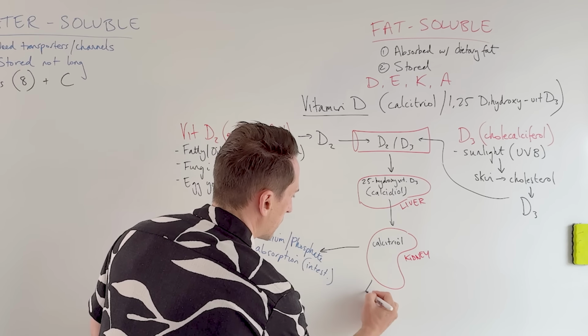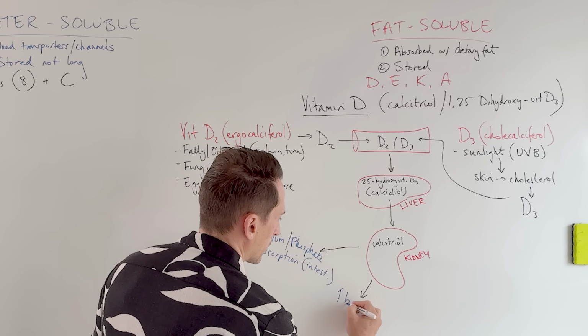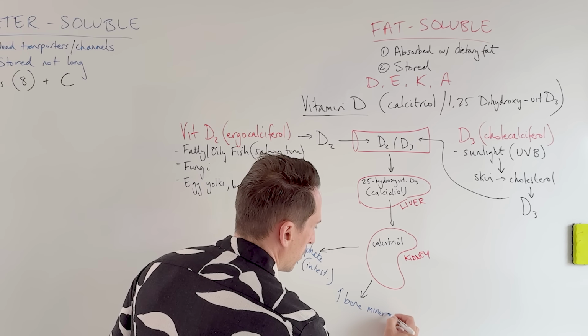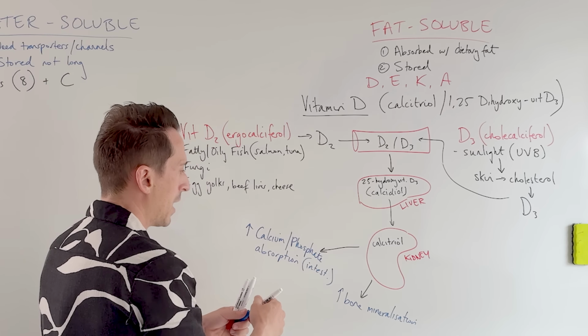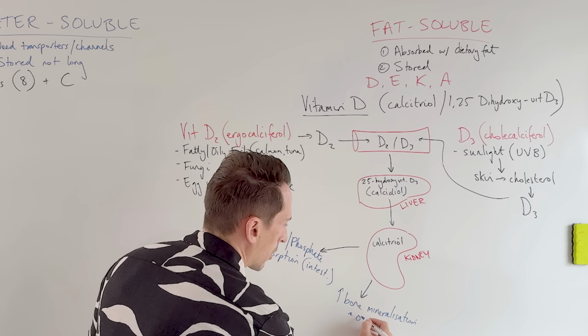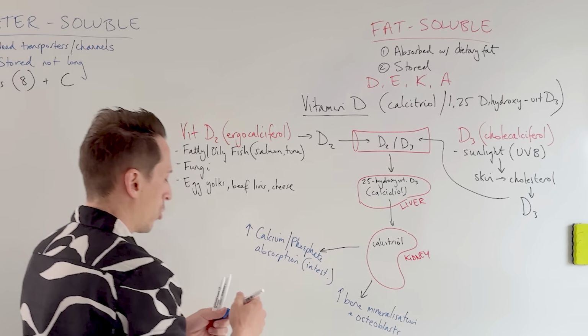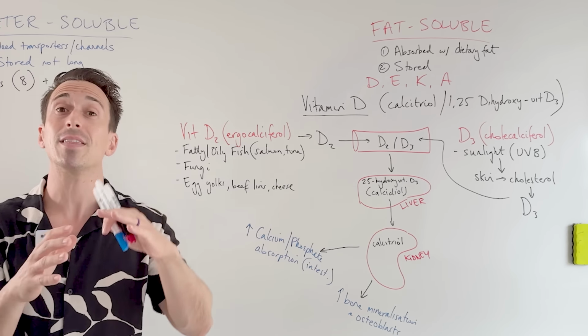It can increase bone mineralization. So it's very important for bone health, right? Bone mineralization. Have I spelt that correctly? Yeah, that's good enough. And it does this by activating osteoblasts. So remember, your bone is constantly being remodeled, built up, broken down throughout the day, right?